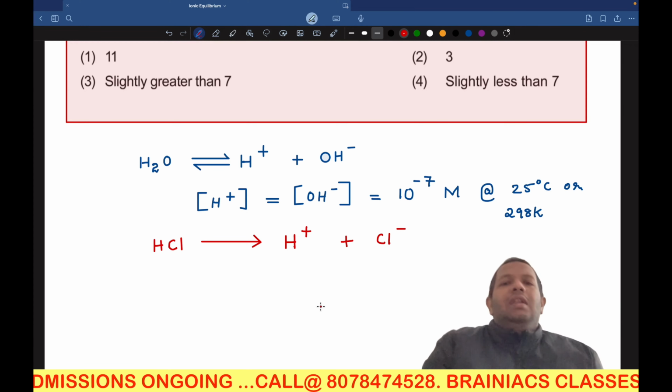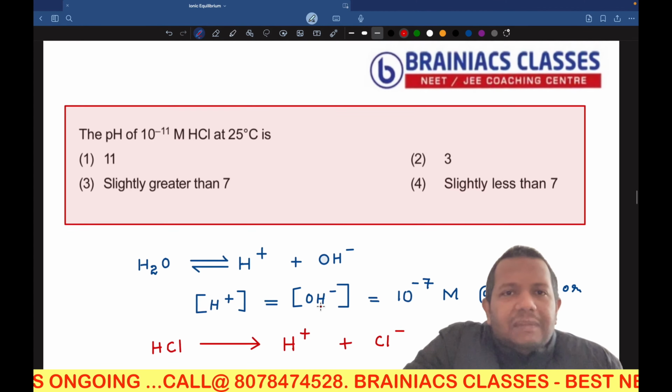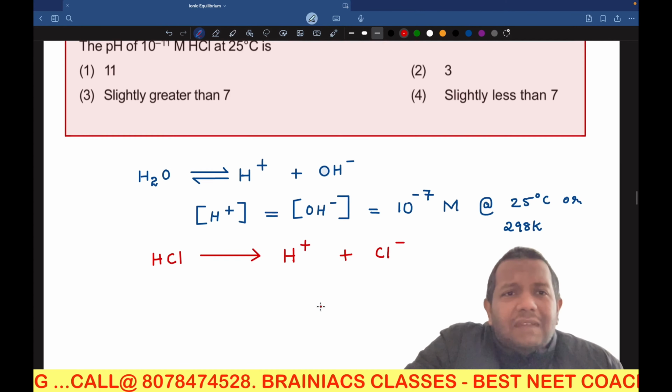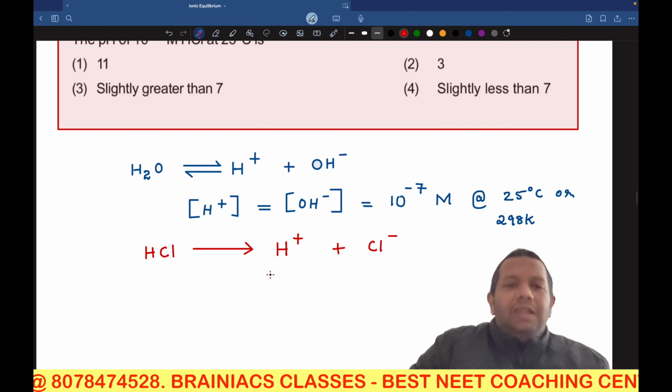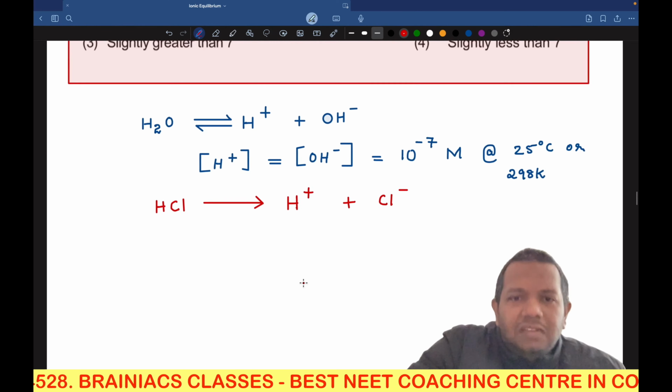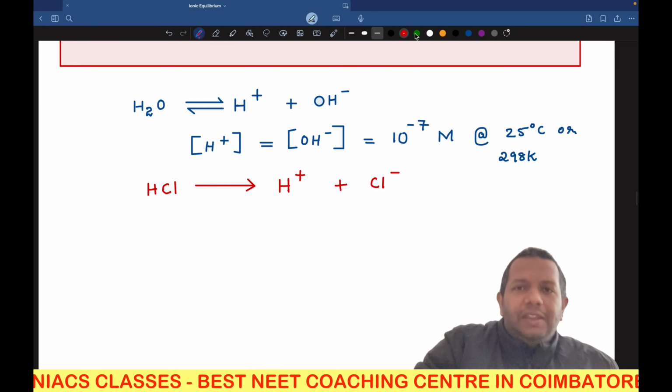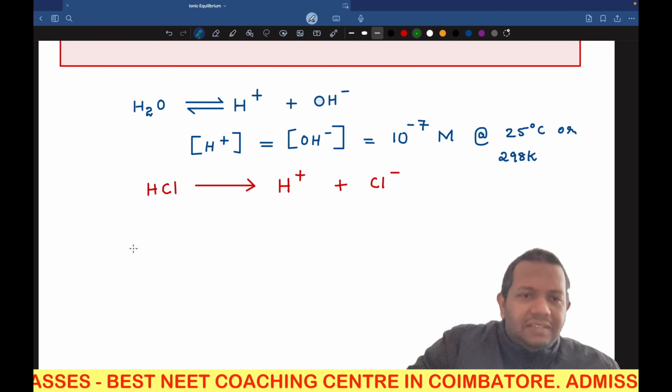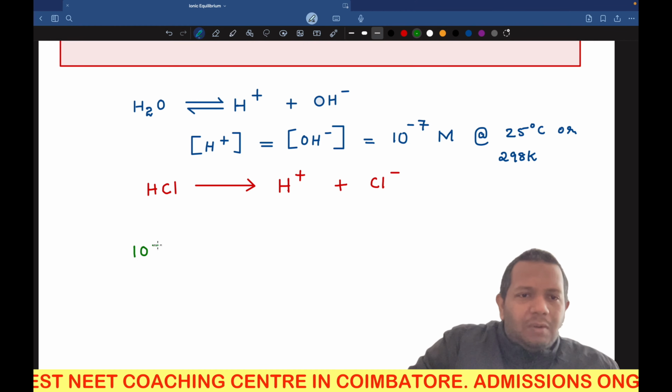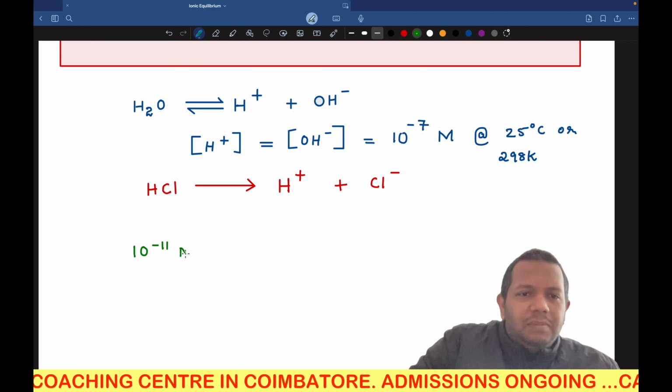Correct? Now, let us say here 10 power minus 11 molar is there. So what does that actually mean? That is also very important, so let me define that. If somebody says it is 10 power minus 11 molar, what does it mean?